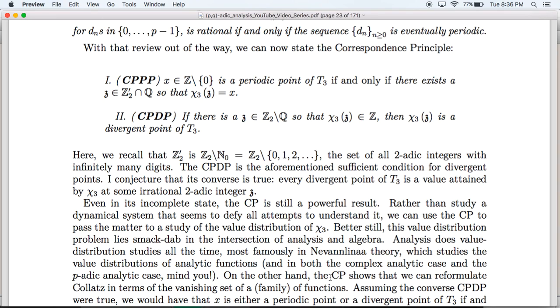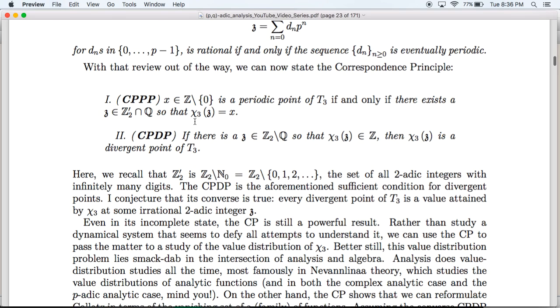Of value distribution theory. But there's also an algebraic side. Namely, what this shows is that we're studying the values, the vanishing set of a particular family of functions. So if we rewrite this as chi3 of z minus x, that's going to be a function.